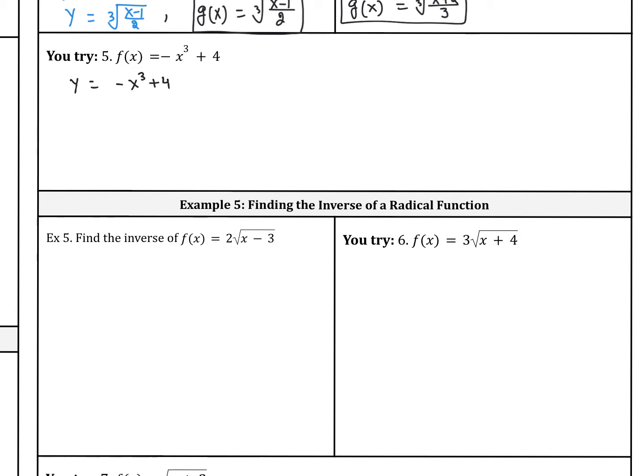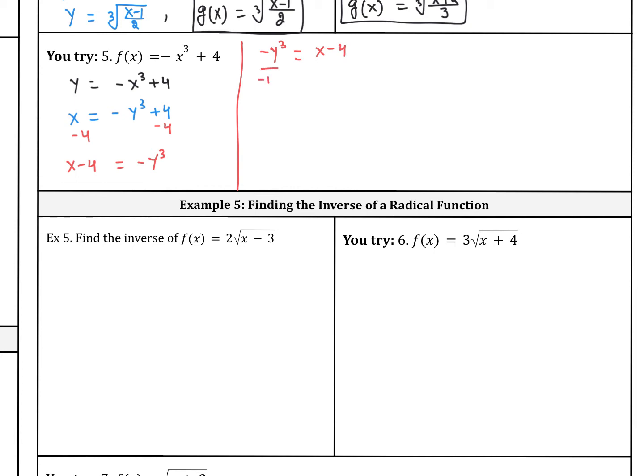Then you're going to switch x and y, so x becomes y, y becomes x. You're going to solve for y, so it means that you're going to subtract 4 on both sides. You got x minus 4 equals negative y cubed. Once you get negative y cubed equals x minus 4, you need to remove the negative.